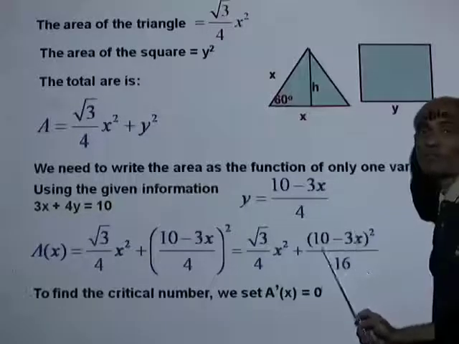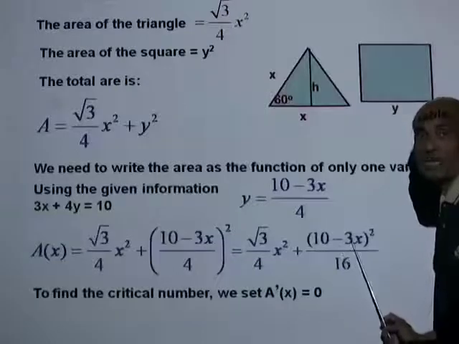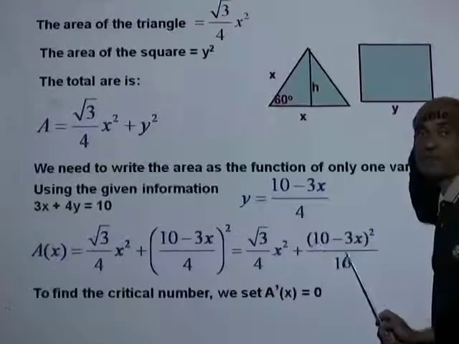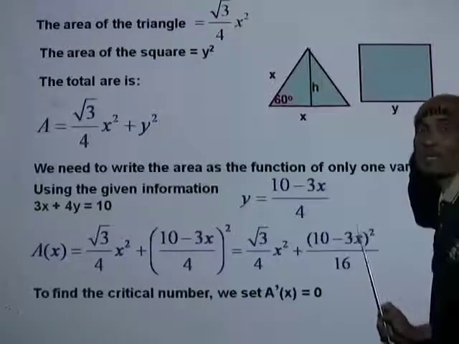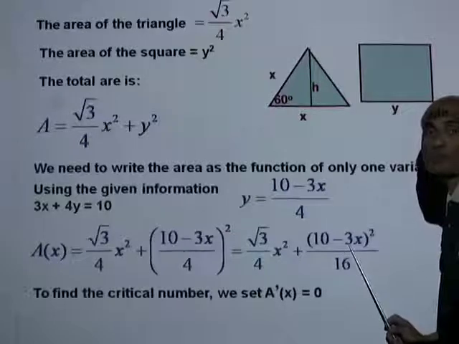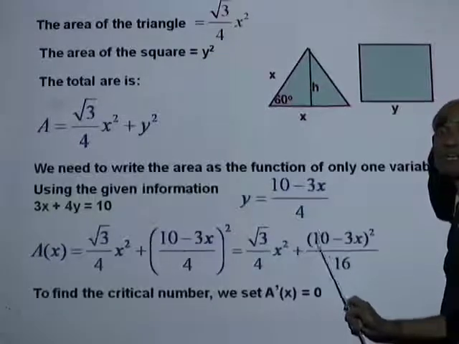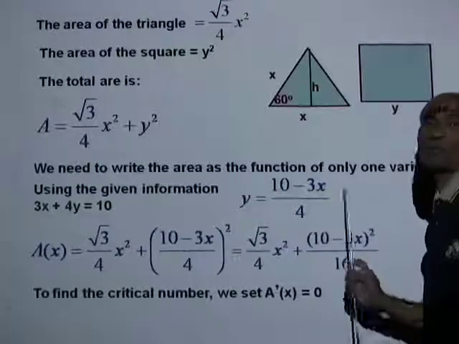What is the derivative of 10 minus 3x? It is negative 3. So it will be 2 times 10 minus 3x multiplied by negative 3. That is the derivative of the numerator. And that multiplied by 1 over 16 is the derivative of this whole quantity. Alright, let's write it down.